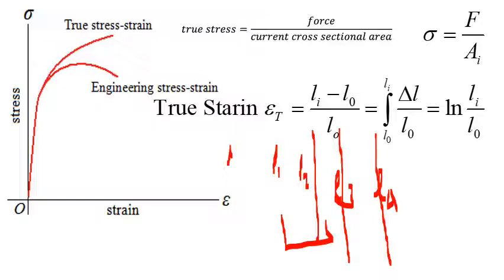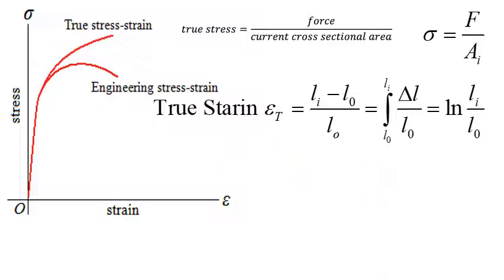Once we remove the summation symbol, we introduce the integration symbol, that is the integration from L naught to Li of dL divided by L naught, or in a simplified form we can write it this way also. That's a very important one, where we talk about the true strain in terms of instantaneous length, the change in length to the original length.